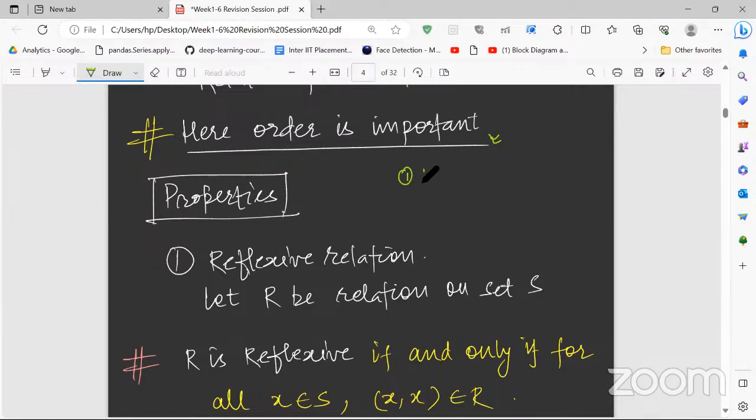The first statement is: for a set, order is important. The second: for a set, duplicates are also counted, so the duplicate matters.